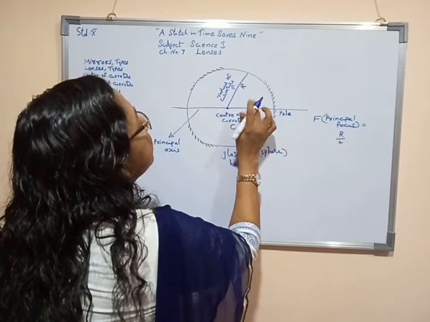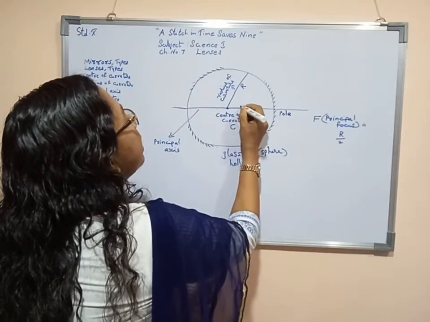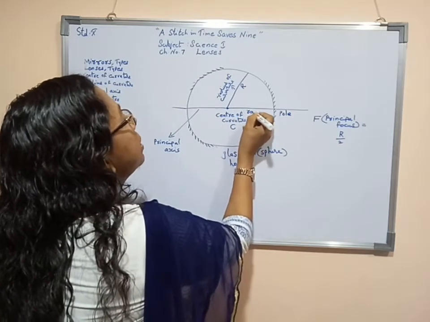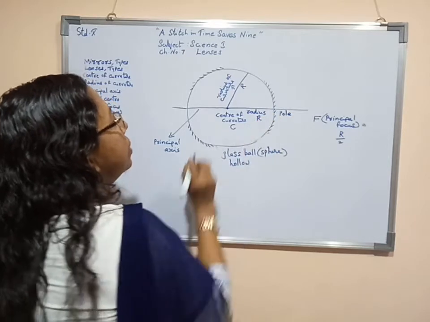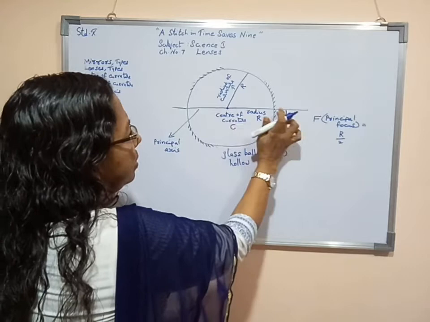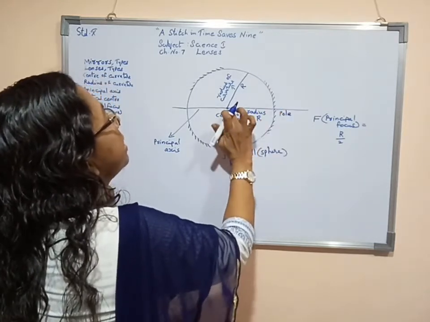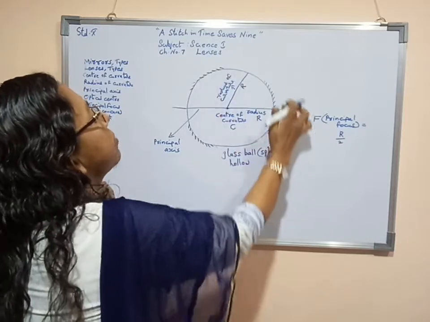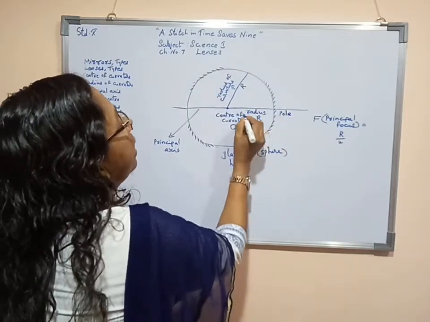This R is again the radius, from the center of curvature towards the curvature of the sphere, the radius of curvature.